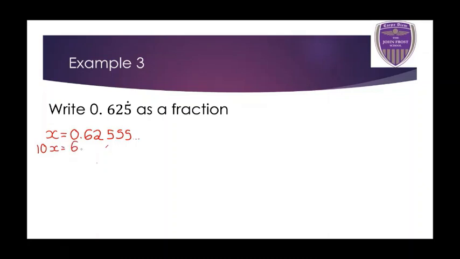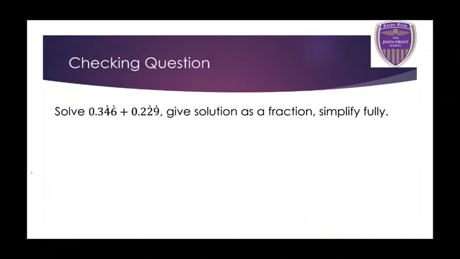So that'll be equal to 6.2555. Now those decimals don't match up, so let's try another one. 100x. That'll be equal to 62.555. That's no good either. So let's try 1000x.